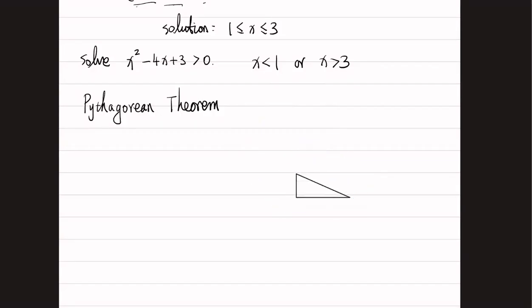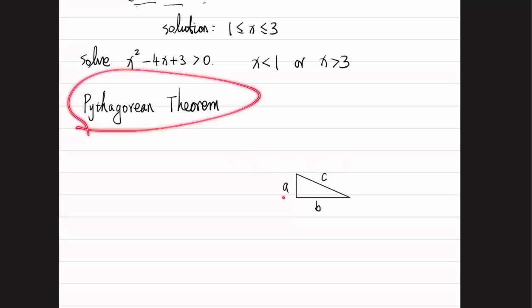If we label this A, B, C. Okay, let's check. Fred, you have seen the formula before about this Pythagorean theorem of the right triangle?